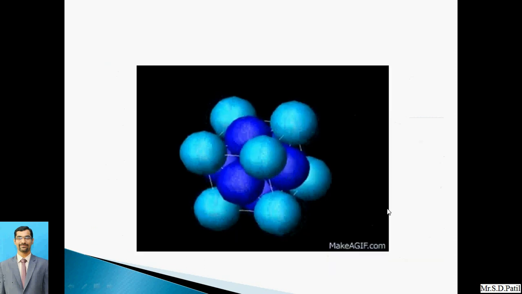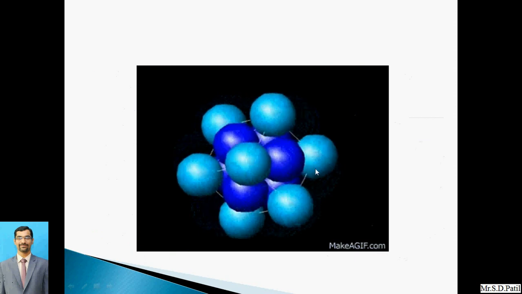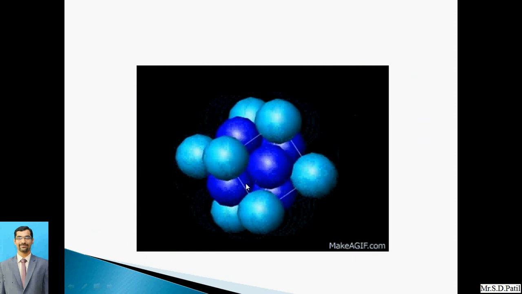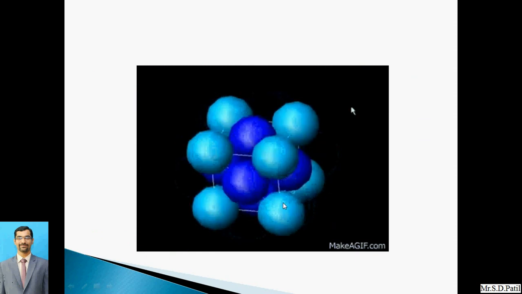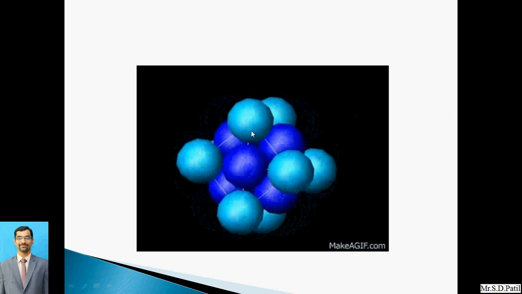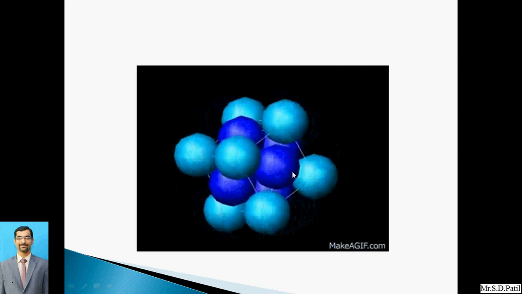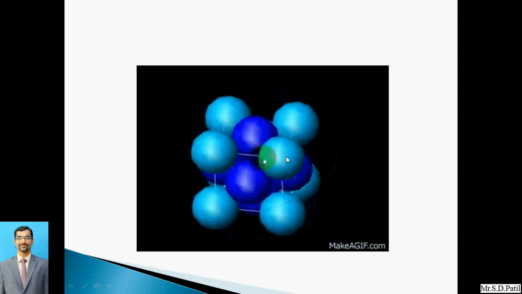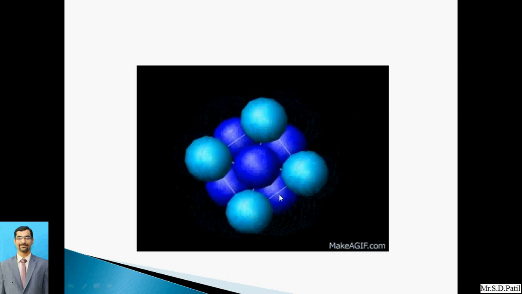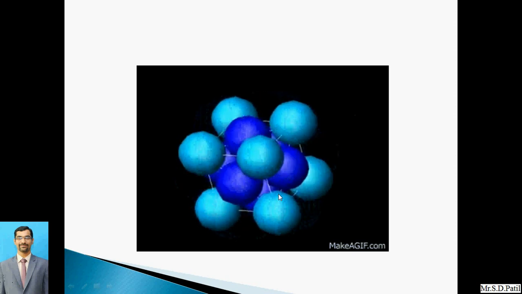Then there is one more diagram, or we can say an animation, showing how the atoms are arranged. The sky blue color indicates the corner atoms, and the dark blue color indicates the atoms on the faces. So how many faces are there for any cube?